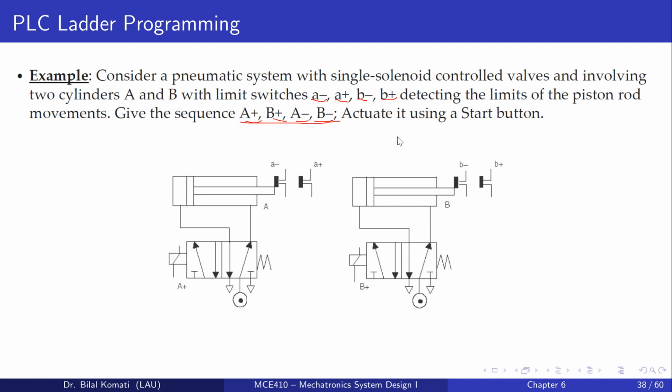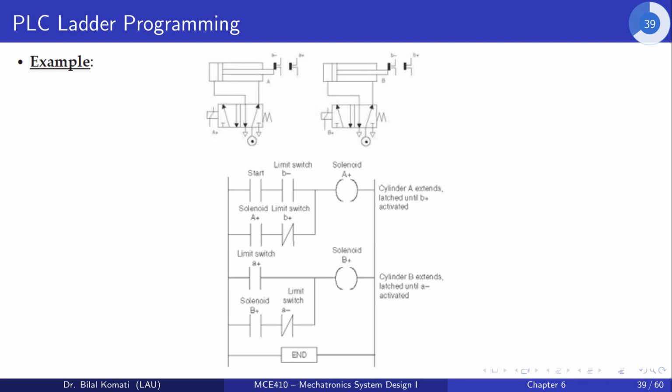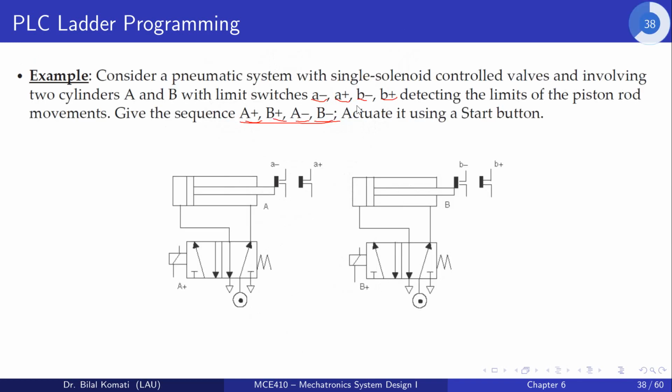This can be done using a PLC. So this is an example of a PLC control. Here we have 4-2 solenoid valves in both cases, and we can control our elements. Using the start button, we have the limit switch sensors, which can be represented as switches.